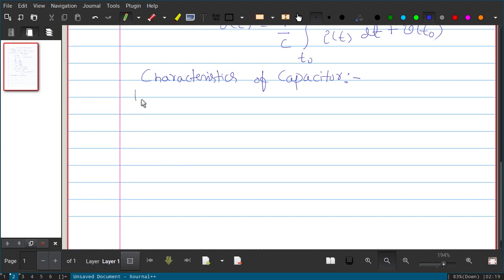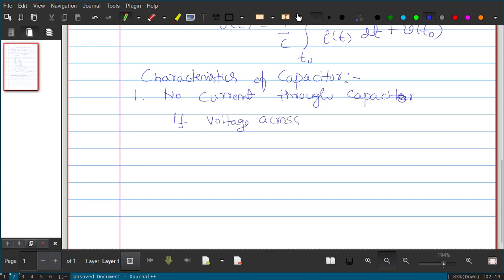No current flows through a capacitor if the voltage across it is not changing with time.